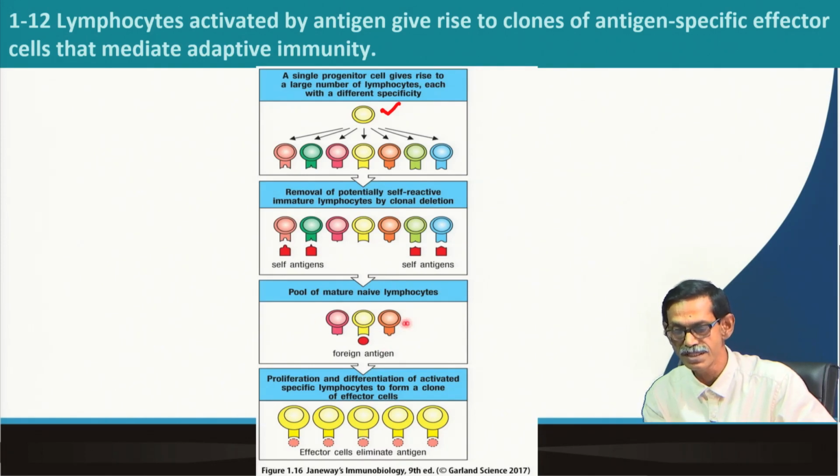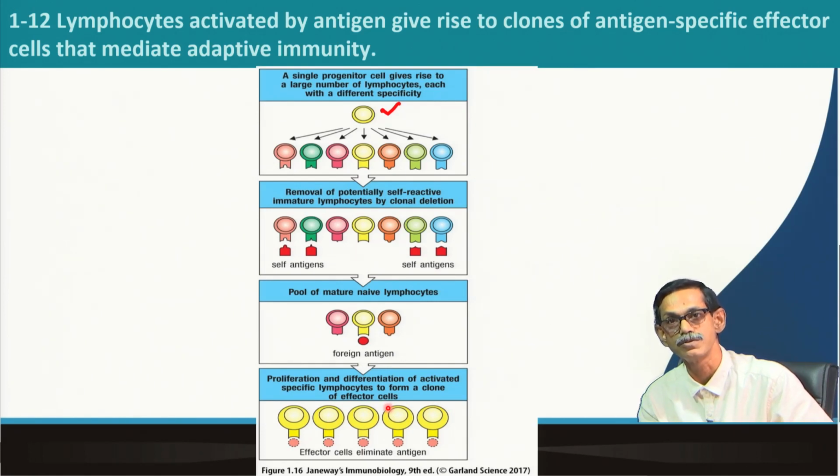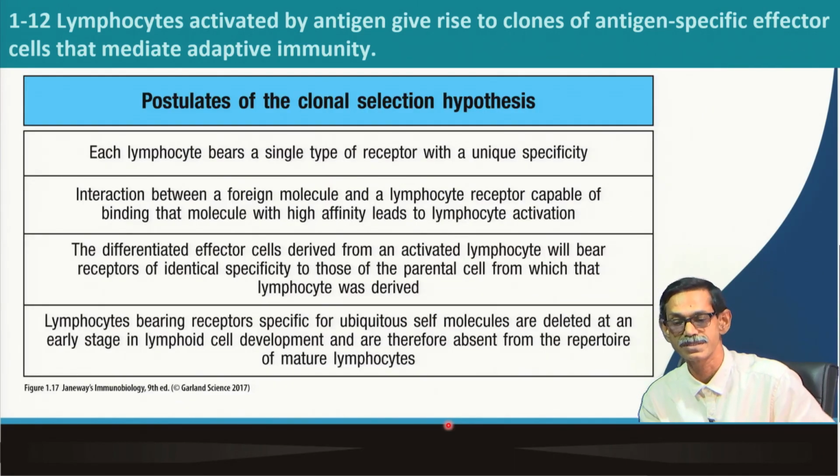At this stage, if any one of these 3 interacts with a foreign antigen, it will multiply and perform the adaptive immune response. All this phenomenon is the clonal deletion or clonal selection hypothesis.